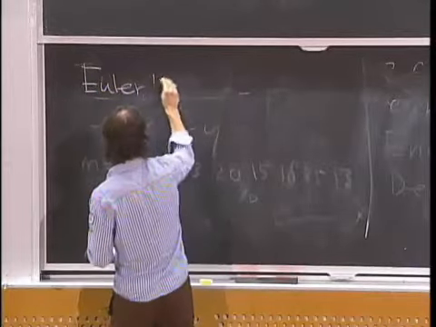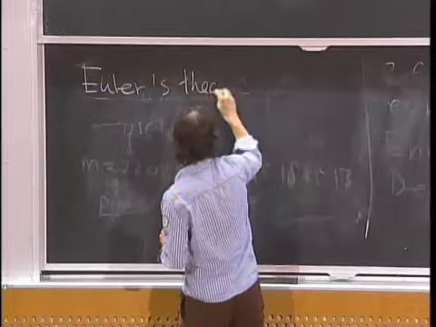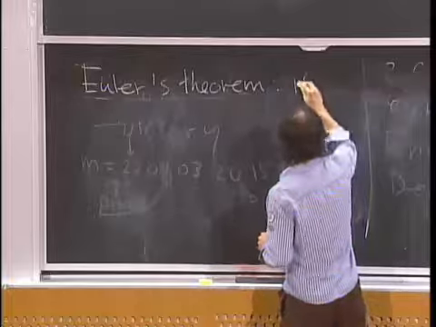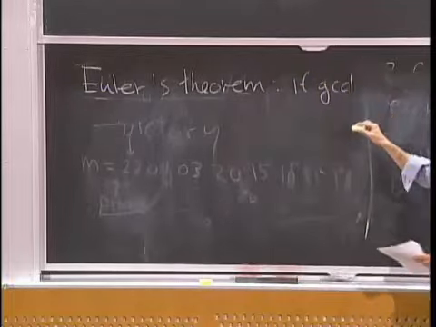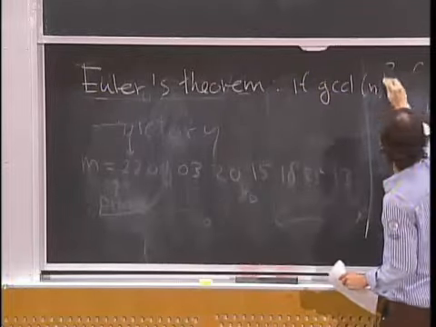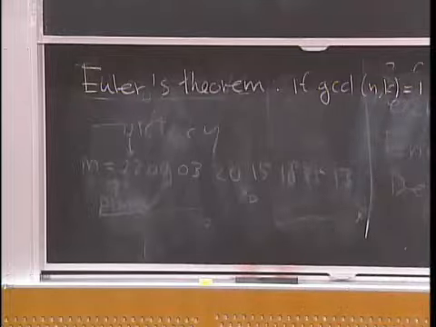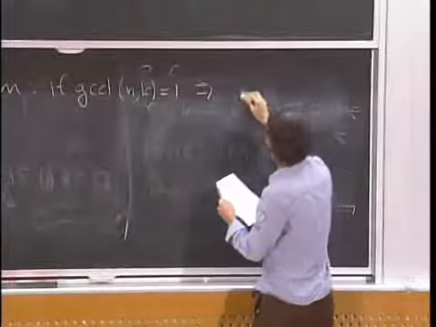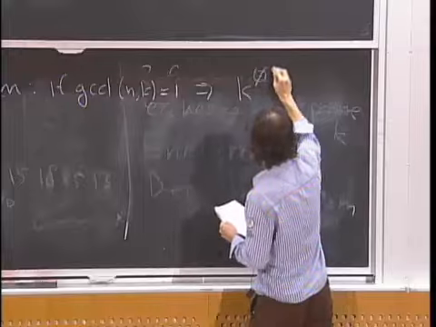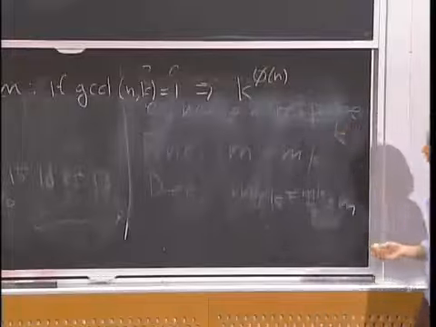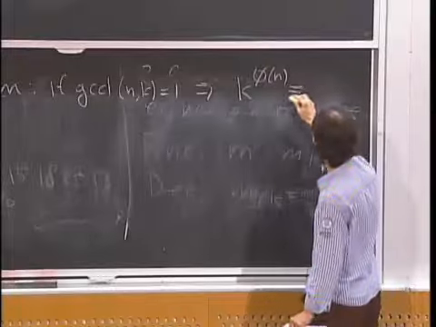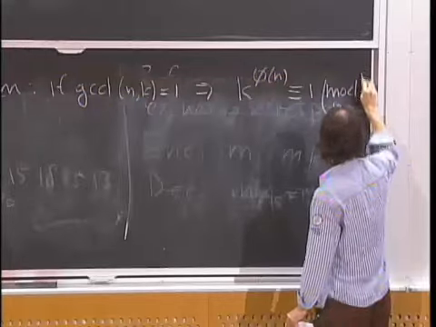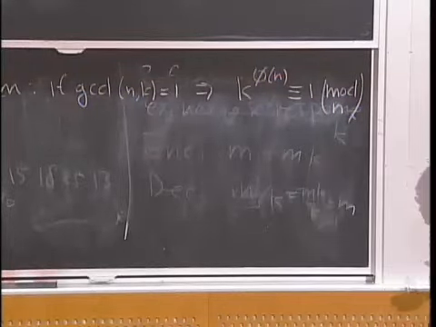That's why we will need a little bit more time to do this. Euler's theorem says the following. If the GCD of n and k is equal to 1, then k to the power phi of n is actually congruent to 1 modulo n. So this is what we're going to prove here.